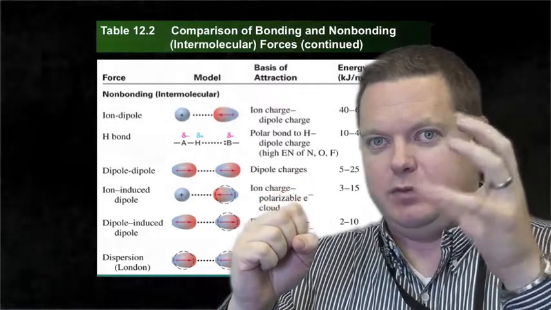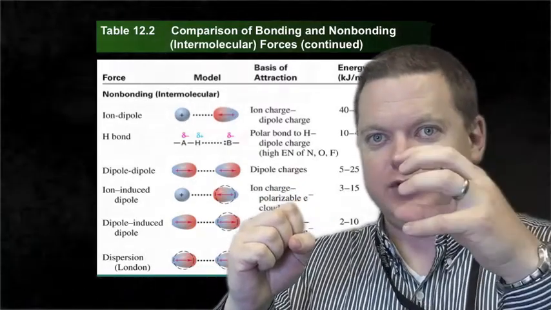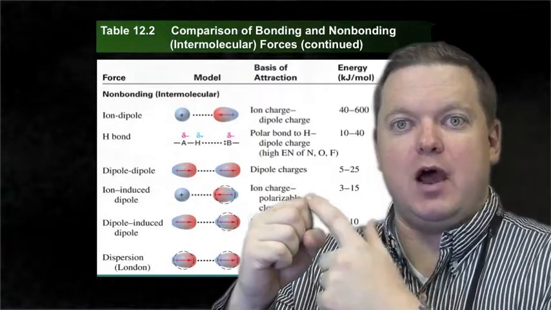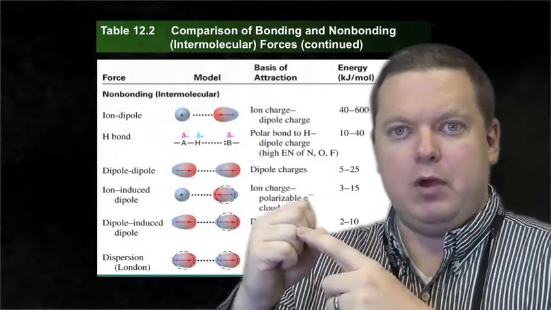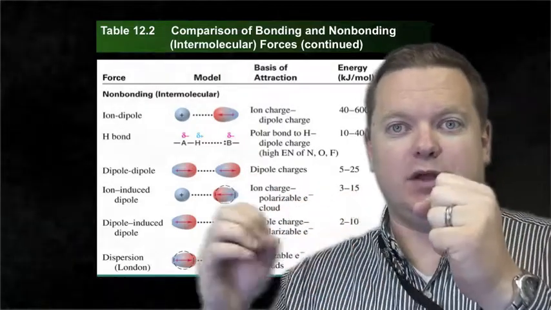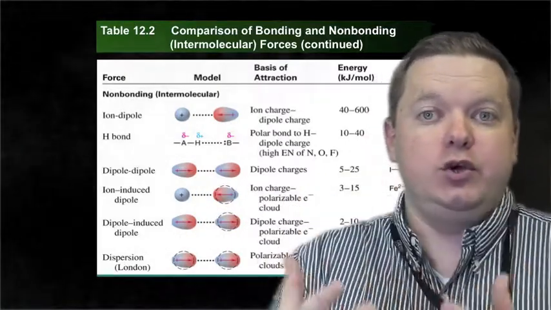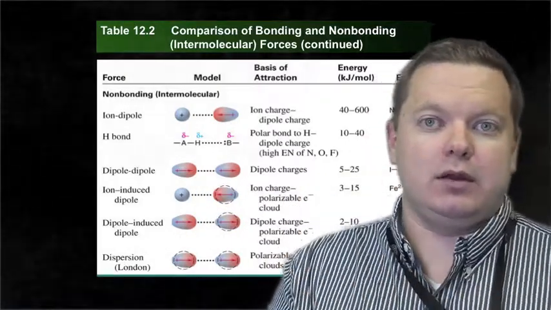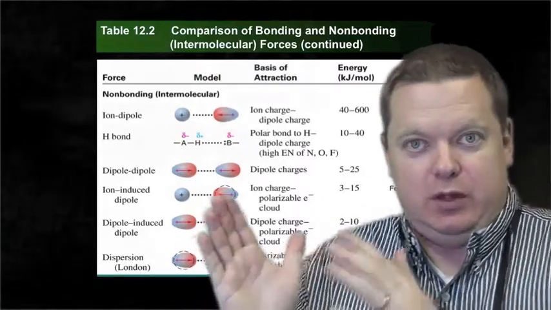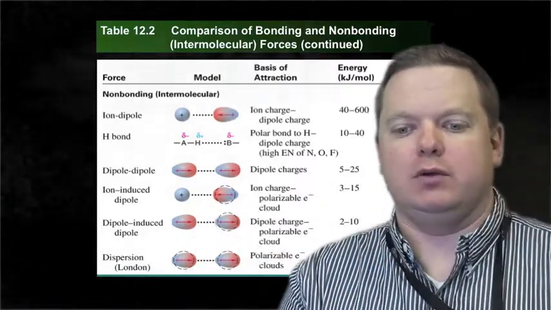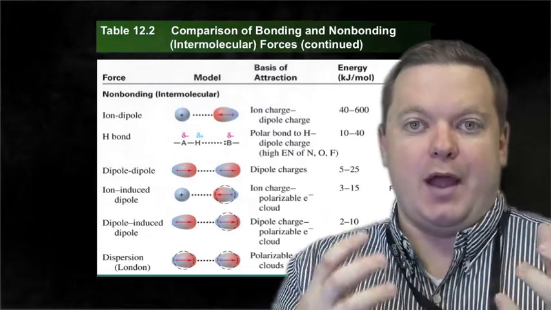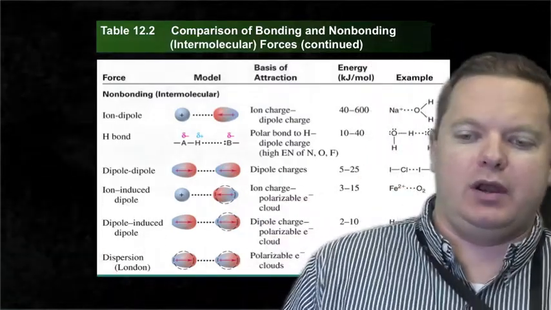If this is positive, as it comes close to this one, the electrons that are in this nonpolar molecule are going to be attracted to this positive charge. So they're going to sort of migrate towards that and temporarily induce a dipole moment because the electrons are moving within the molecule. Right? So the ion is inducing a dipole in another one.